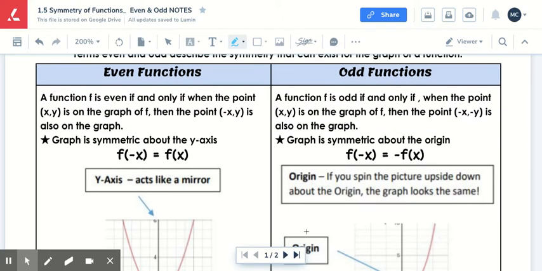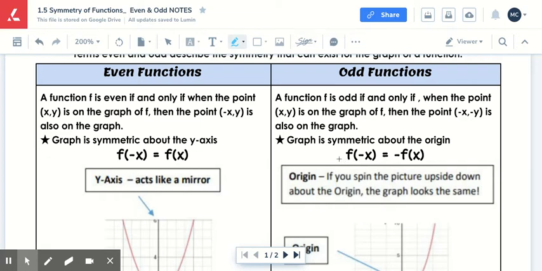The second special type of symmetry is called odd, or odd functions. So a function is odd if and only if, when the point (x, y) is on the graph of f, then the point (-x, -y) is also on the graph. That would make the graph symmetric about the origin. This one is a rotational symmetry.